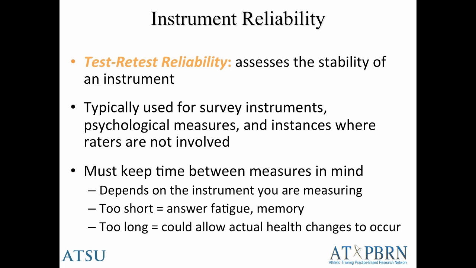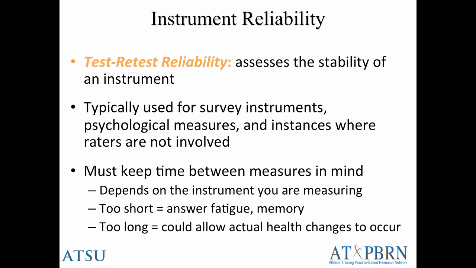For example, if we are going to assess the global rating of change, we can give the individual the single item outcomes instrument, and then give them the same single item instrument at a predetermined period of time later to determine if their health status is better, the same, or worse than the last assessment. Typically, we administer 2 test periods sometime between 2 and 14 days.